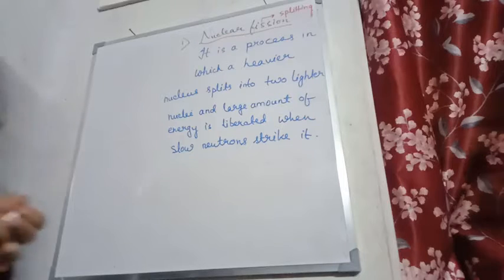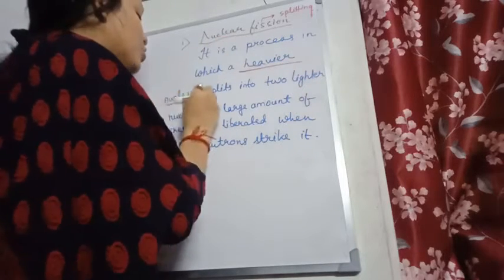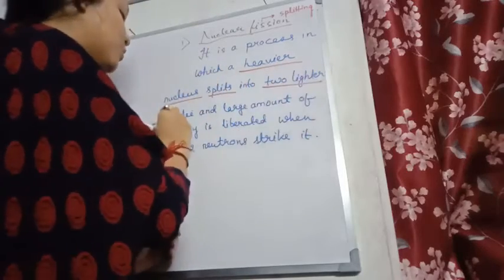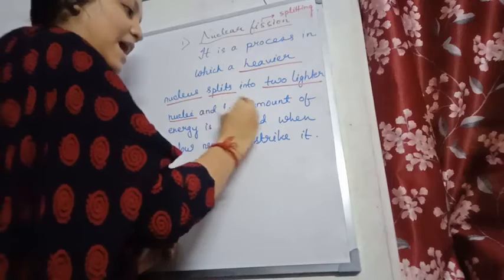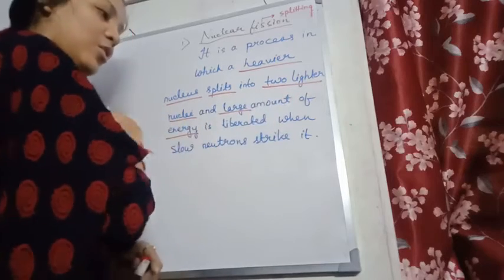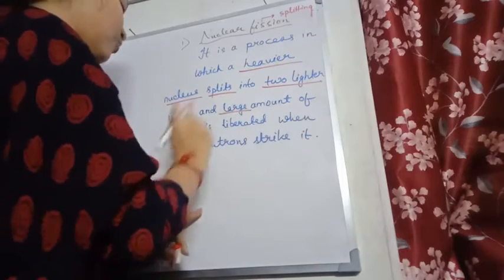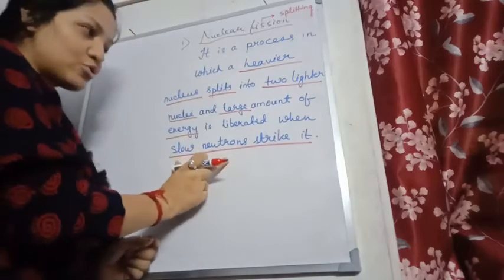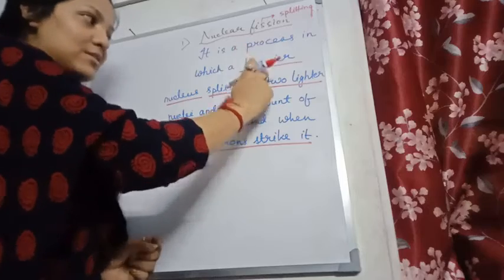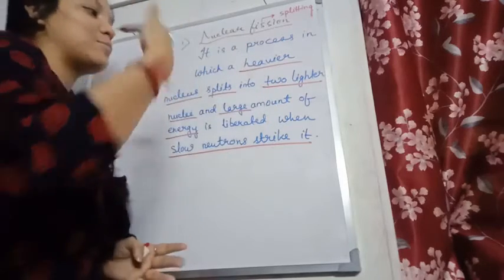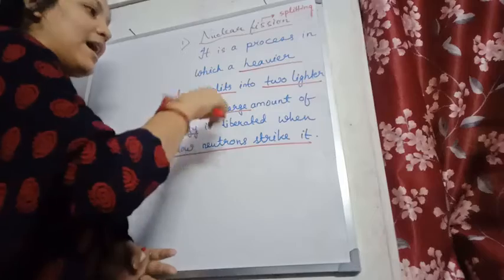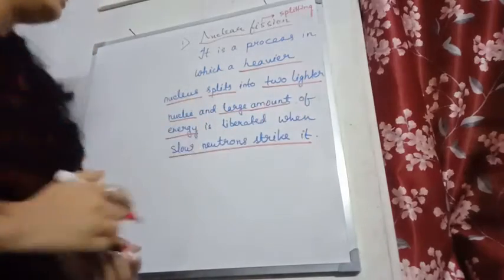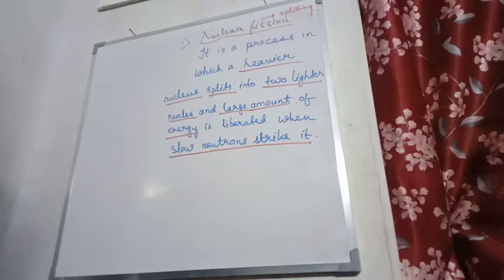When slow neutrons strike the heavier nucleus, that heavier nucleus will split into two lighter nuclei and a huge amount of energy. This is the definition of nuclear fission.